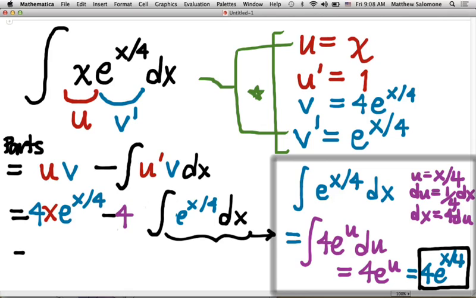And so, when the dust settles, we have 4 times x times e to the x over 4, minus 4 times another 4e to the x over 4.